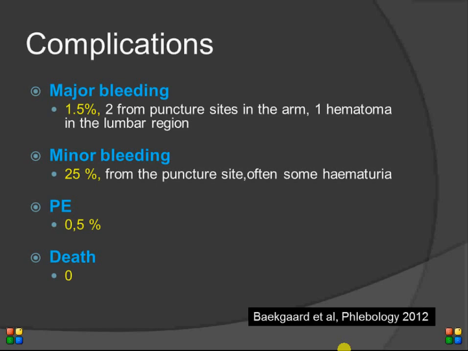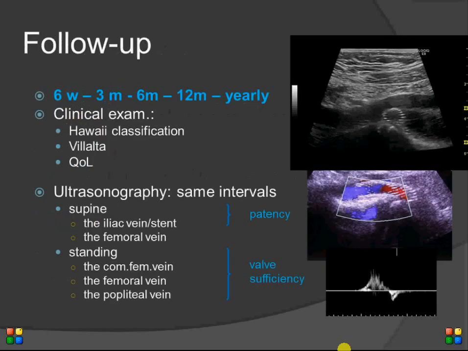One patient had clinical signs of pulmonary embolism, but we could not show it on a scintigram. No mortality. And these patients are followed very, very carefully every 3 months and yearly, and investigated lying and standing concerning patency and valve sufficiency.